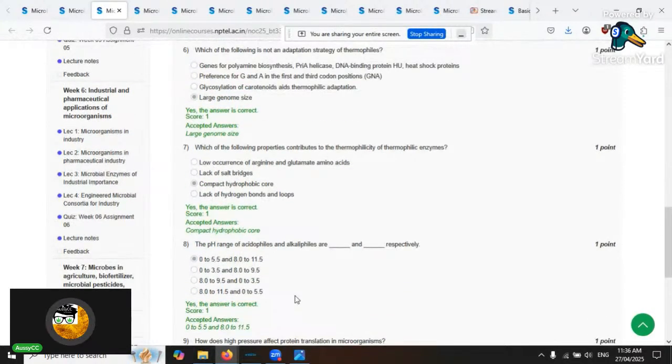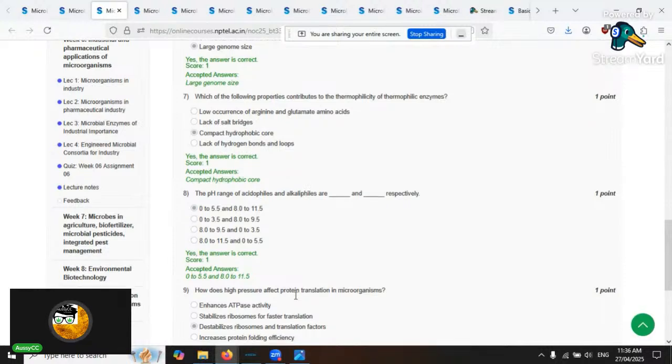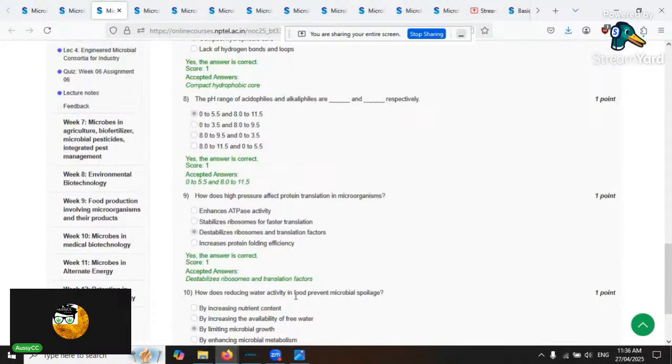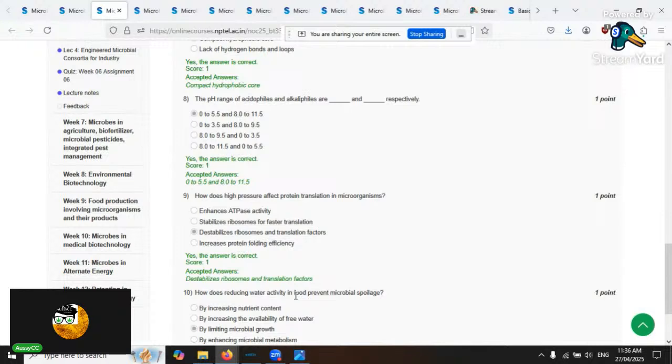How does high pressure affect protein translocation in microbes? It destabilizes ribosomes and translocation factors. How does reducing water activity in food prevent microbial spoilage? It limits the growth.